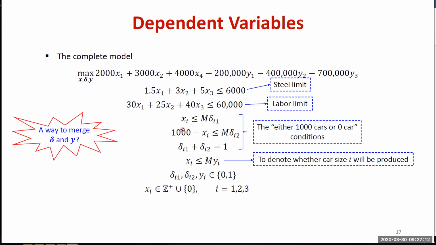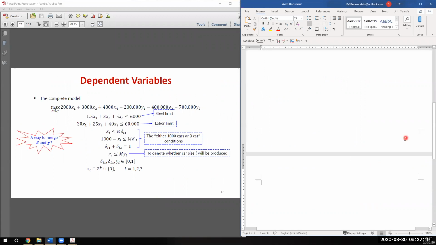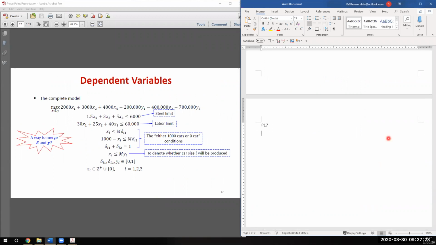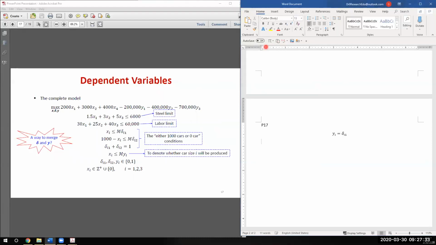Yes. So in other words, let me make it smaller. In other words, P17, you actually have yi equal to delta I1. Why?